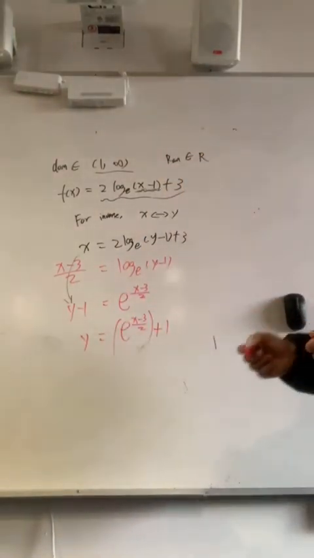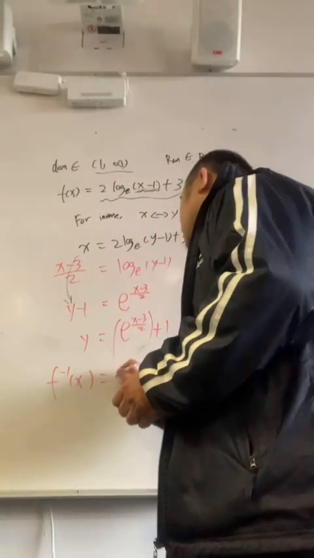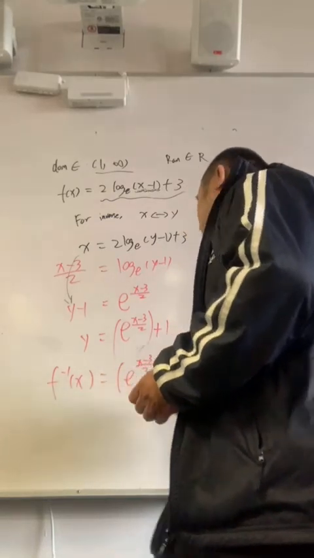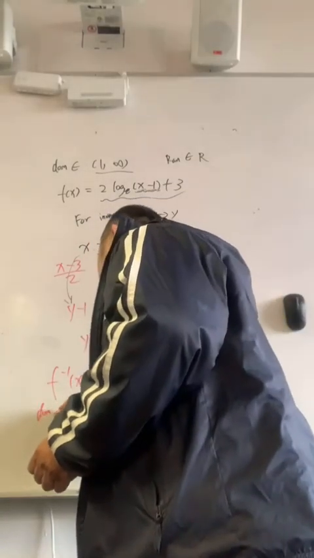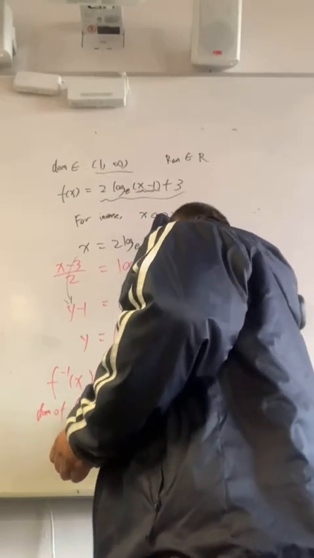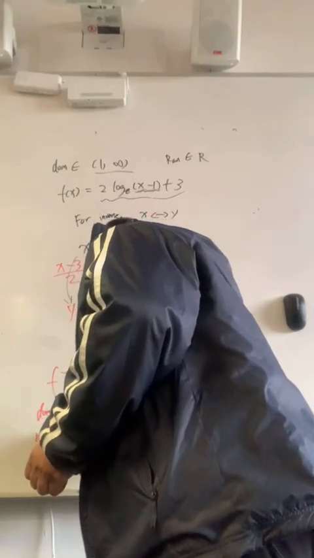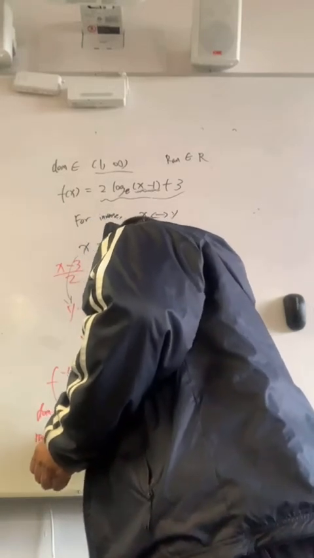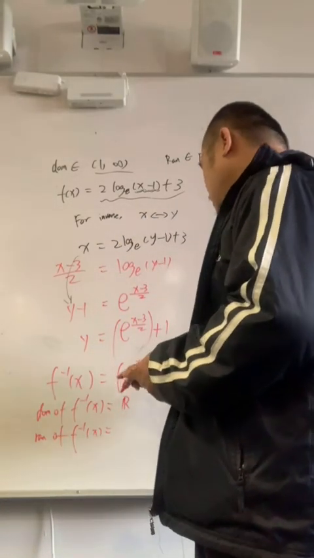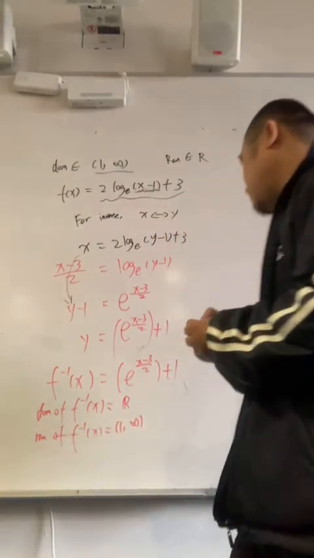There you go. So you need to write, therefore, the inverse function equals this one. And the domain of it is the range of the original, equal to R. And then the range of it equals 1 to infinity. There you go.